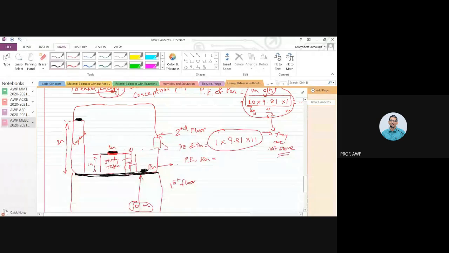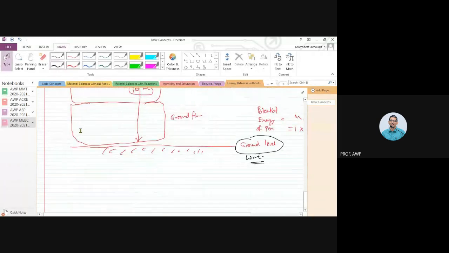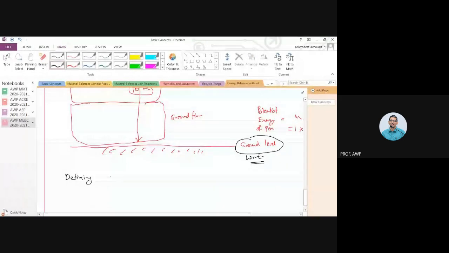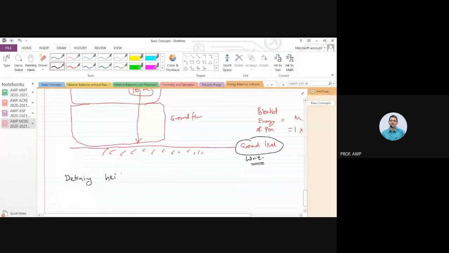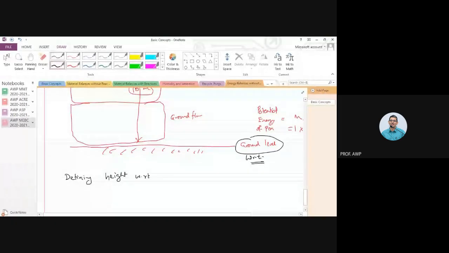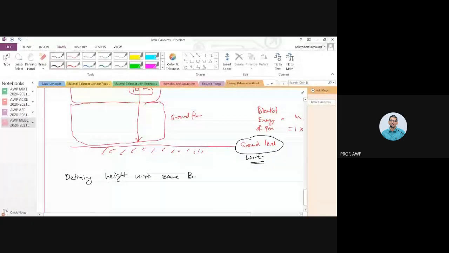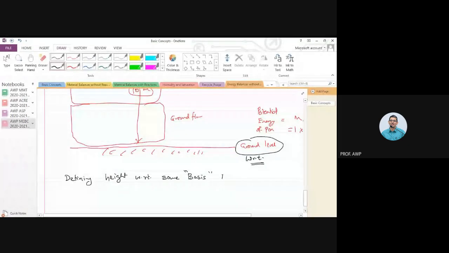Right? So we are defining height in this particular case with respect to some basis, or as we would like to call it, some reference.